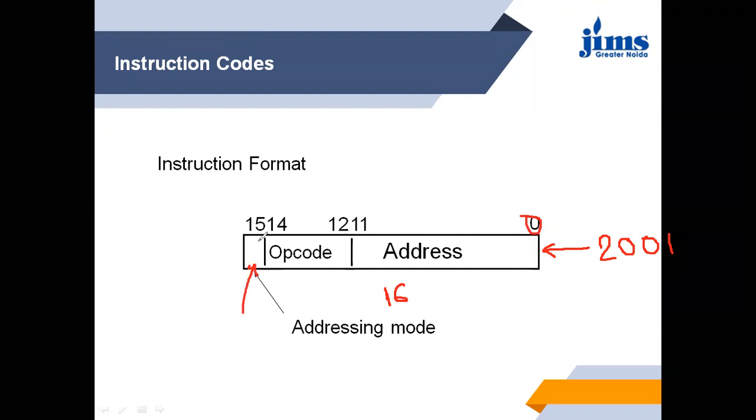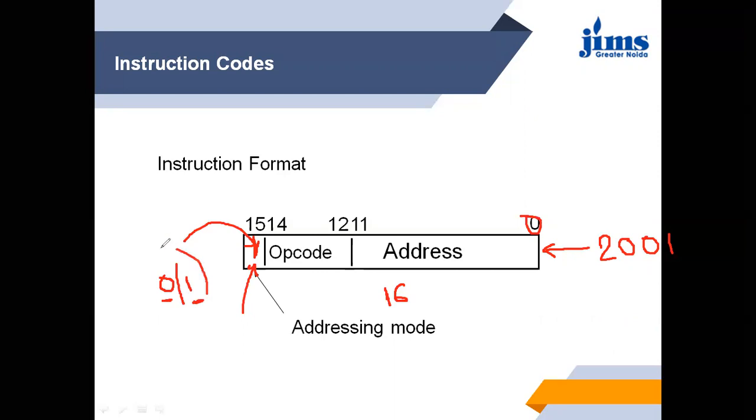In the last bit, that is bit number 15, we write whether this is a direct addressing mode or an indirect addressing mode. There is a 0 or a 1. I will tell you that on 0 this is direct or indirect, and on 1 this is direct or indirect.